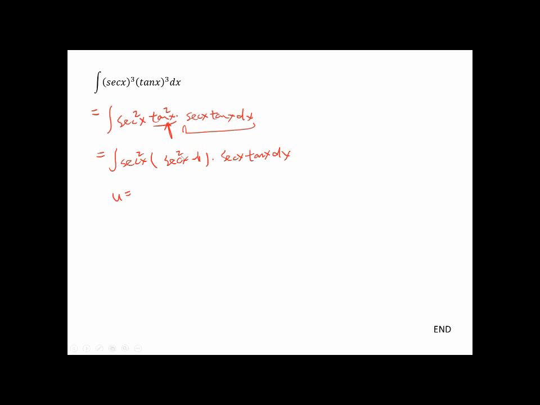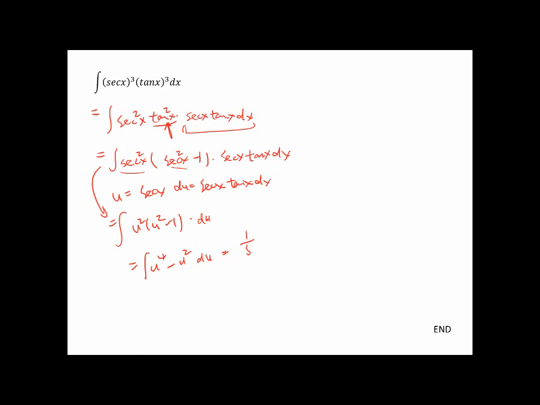U equals secant x, and du is simply secant x tangent x dx. Plug in: u squared minus 1 by du, which is u to the fourth minus u squared du.